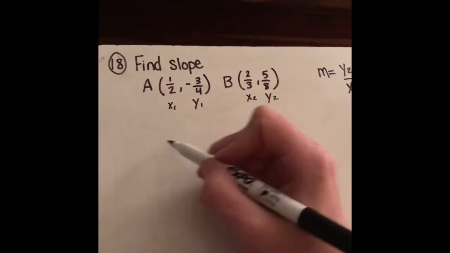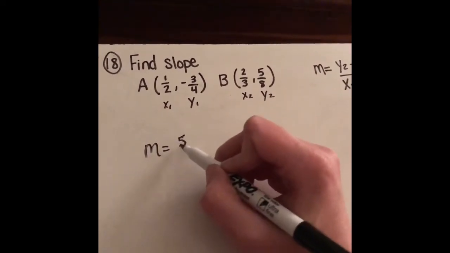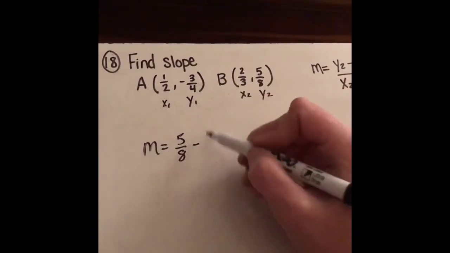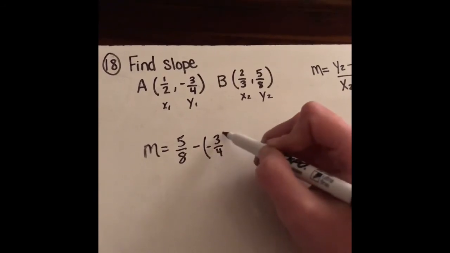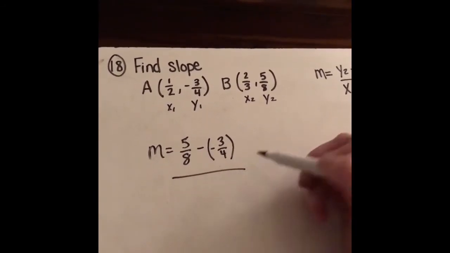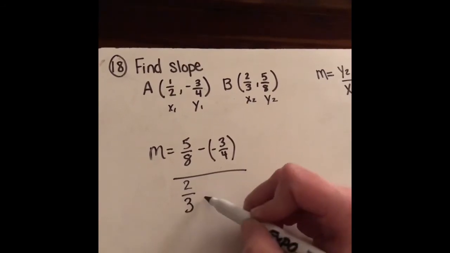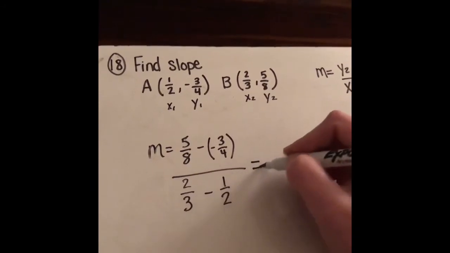So m, which is our slope, equals 5/8 minus negative 3/4, over x2, which is 2/3, minus 1/2.